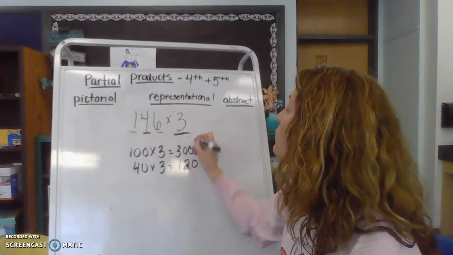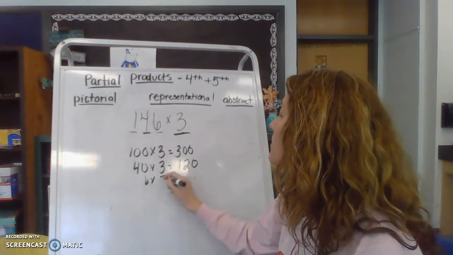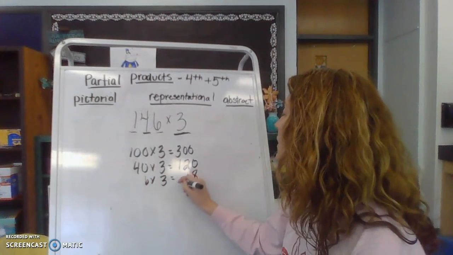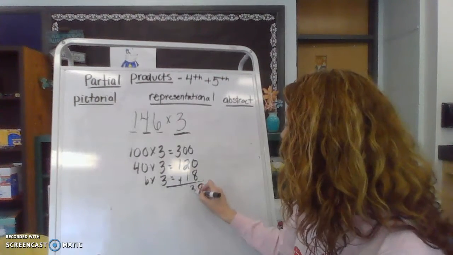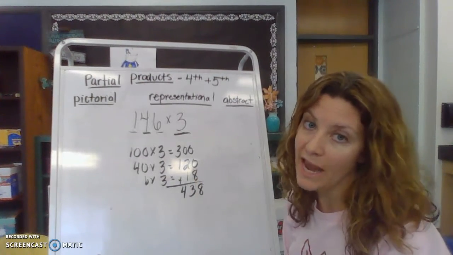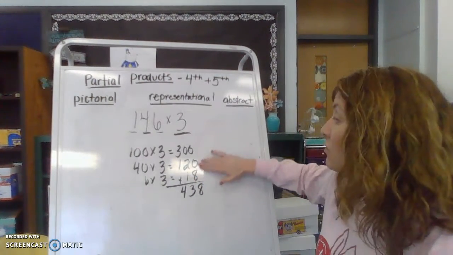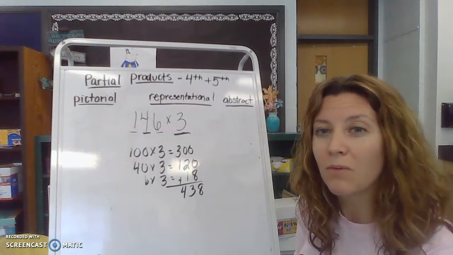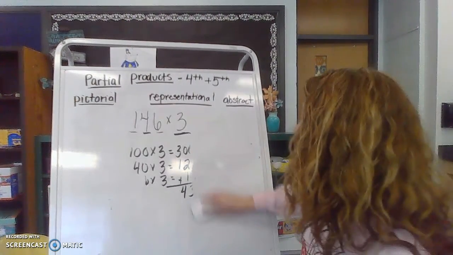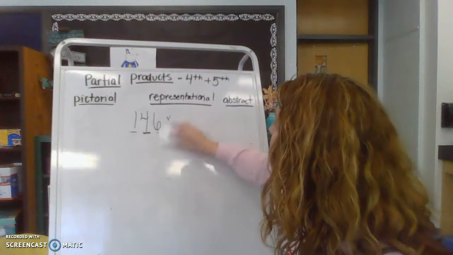And then finally they would move to the ones place, 6 times 3 to get 18. Again, these are our partial products, and then students would add them together to get 438. Like I said, this is really mental, and a lot of students are able to calculate these almost mentally without having to write much down.